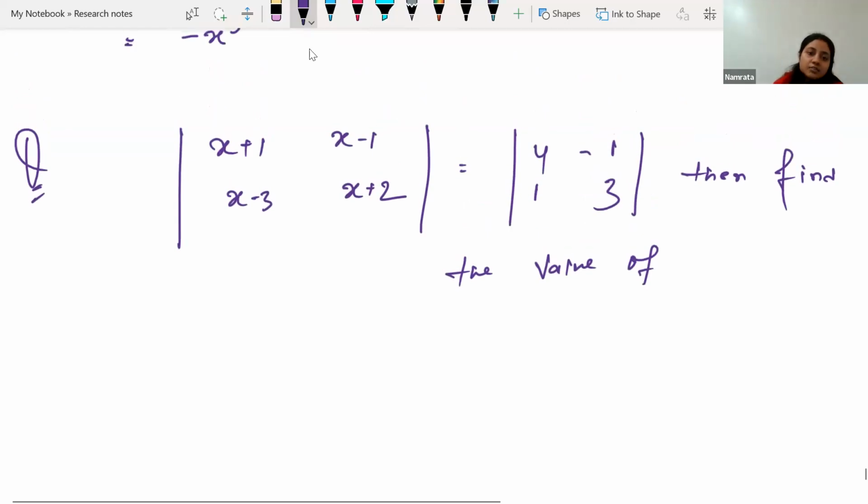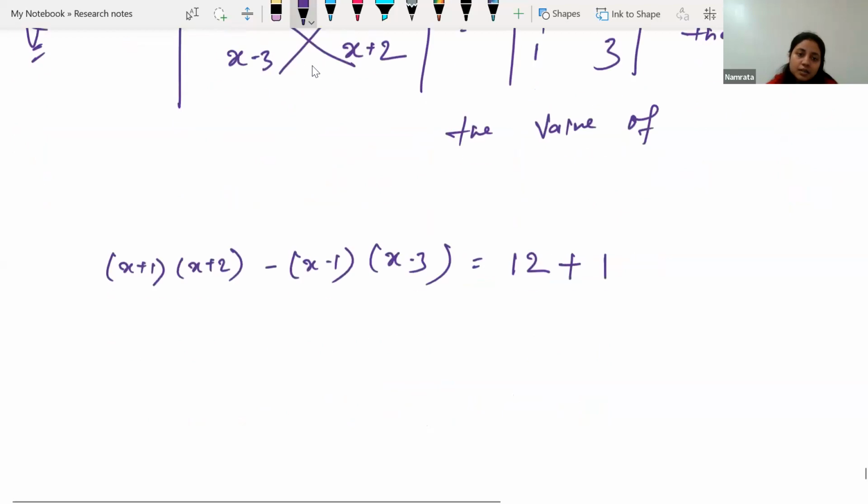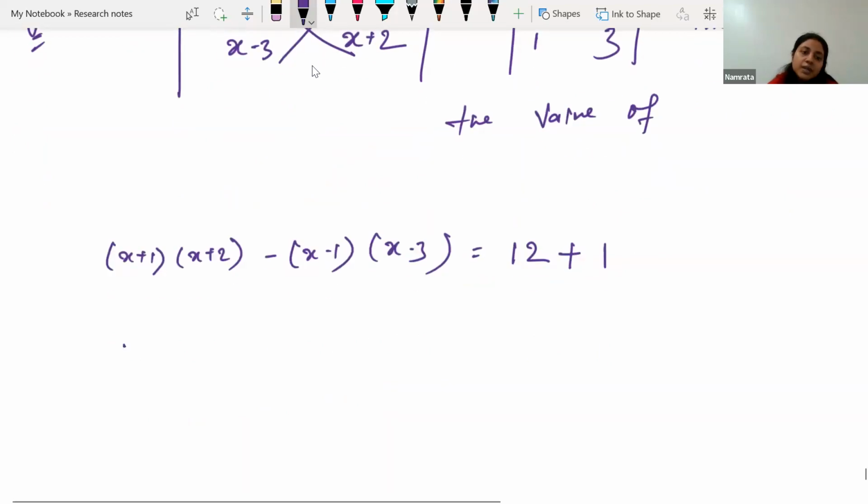So we will do it crisscross. It will be (x plus 1)(x plus 2) minus (x minus 1)(x minus 3). That has to be equal to 4 times 3 plus 1, which is 13. Okay, let's continue. Here we'll have x square plus 2x plus x plus 2.